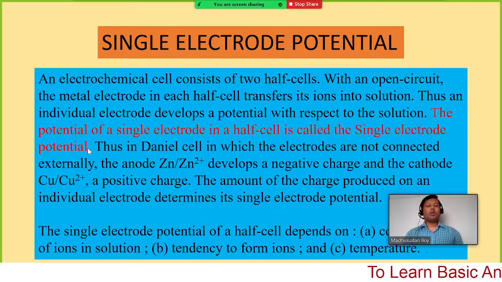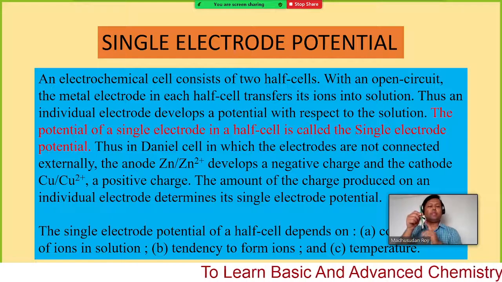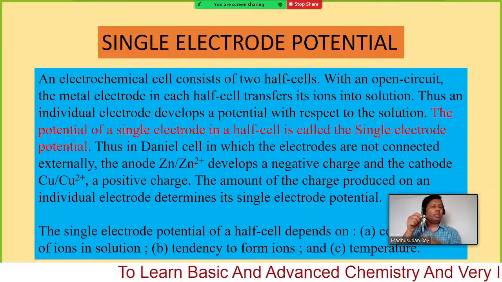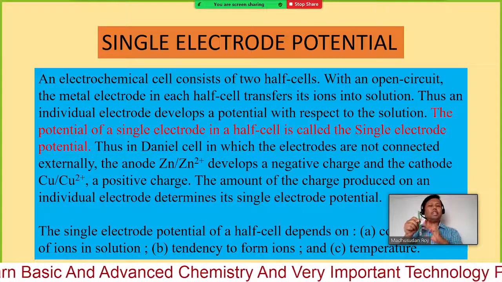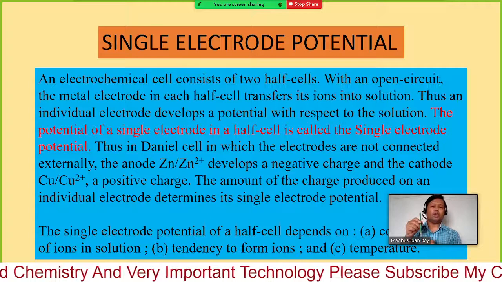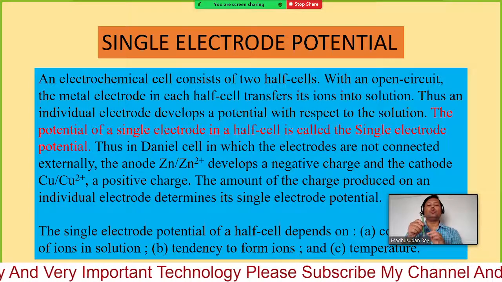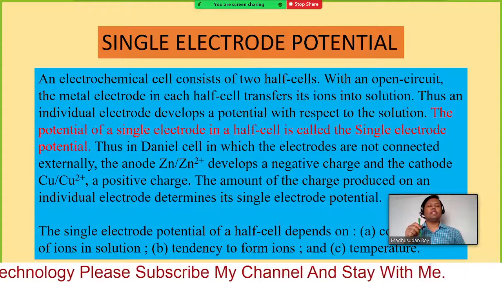That means if the electrode is dipped into an electrolyte, then some potential develops between the electrode and solution. In that case, we consider the potential of a single electrode in a half cell to be called single electrode potential.